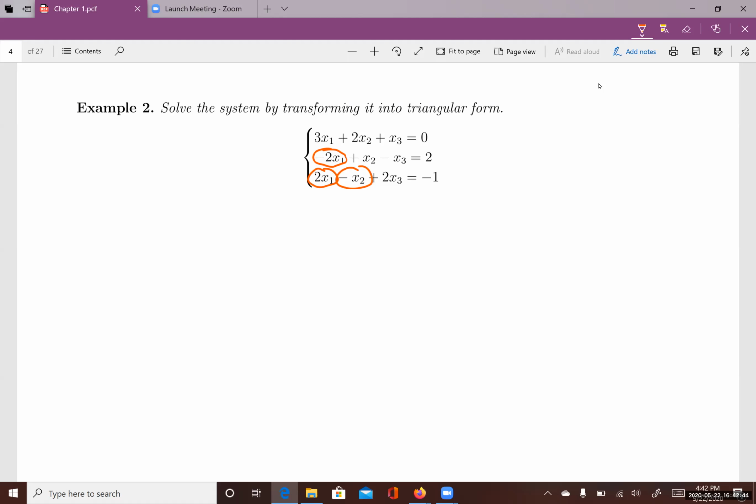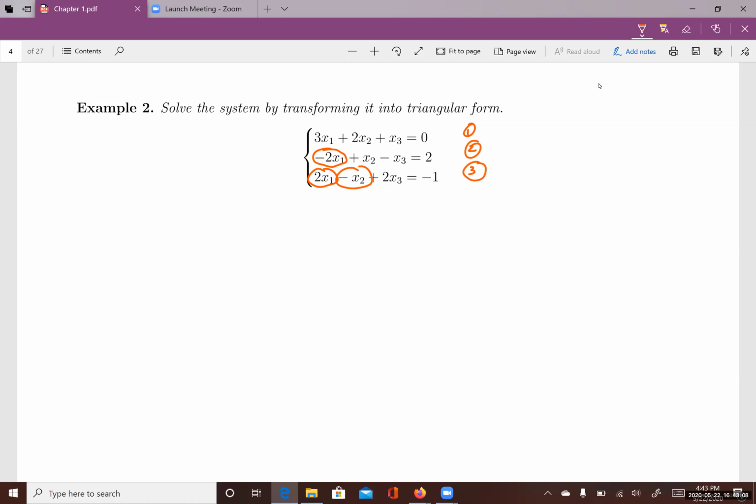Okay, how can I force this coefficient to be 0? I can use one of the operations. What operation can I use? In order to make this 0, I can use the first equation. Let's see, this is the first equation, second equation, and third equation. So I have a plan.